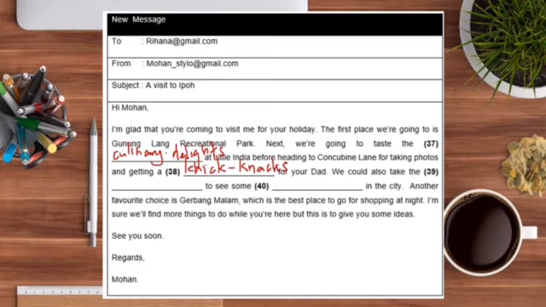The answer for number 39 is actually hop on, hop off bus. To see some landmarks in the city. You must remember to write the word landmarks.